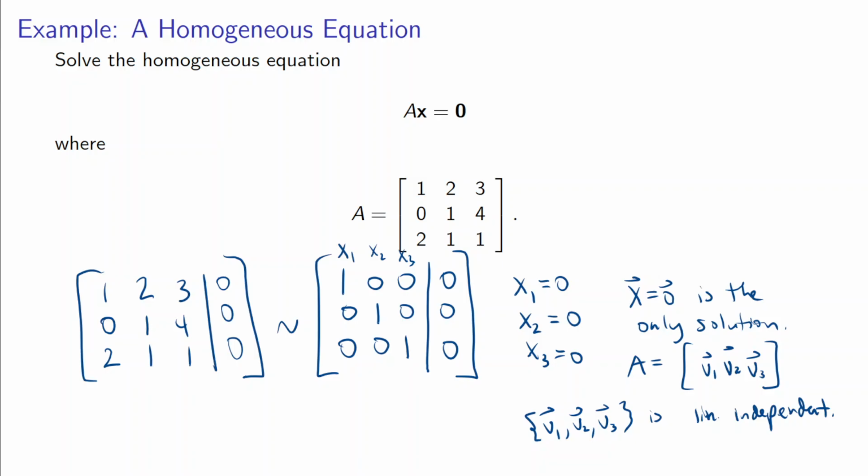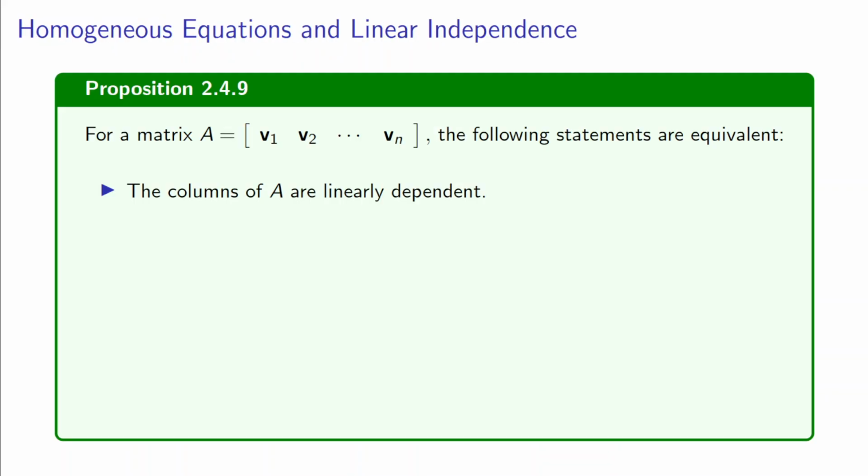So there is a connection between the fact that this particular equation has either one solution or infinitely many solutions, and the columns of that matrix making up a linearly dependent or independent set. And that leads us into proposition 249.